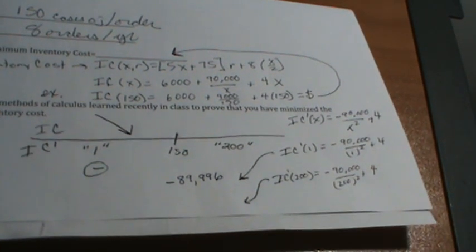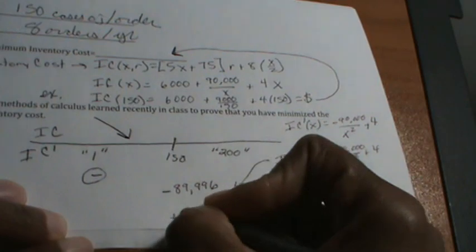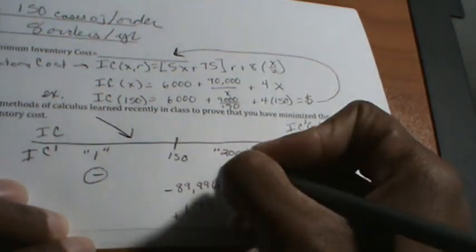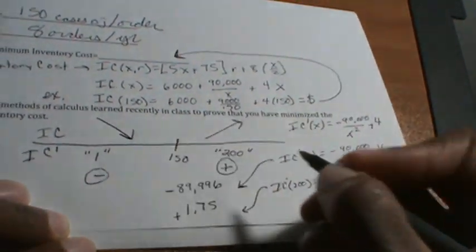And let's try this next one. Negative 90,000 divided by 200 squared plus 4. I got that one is positive 1.75. So I get a positive derivative right here, which means IC should be increasing.